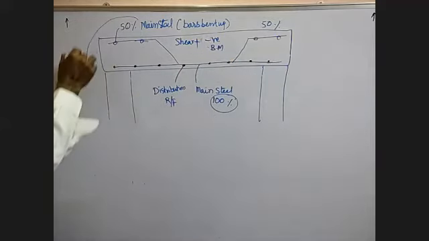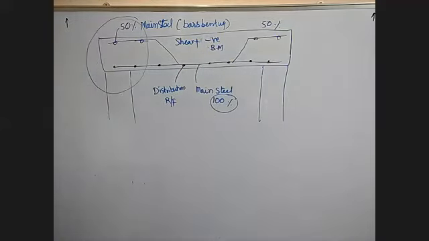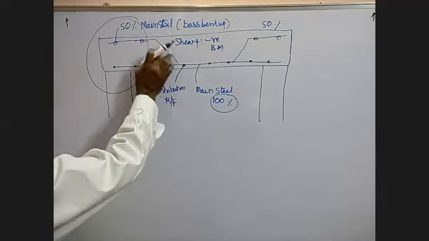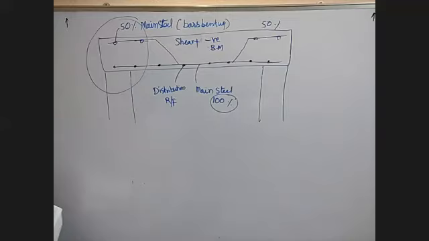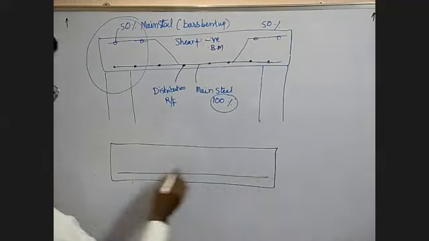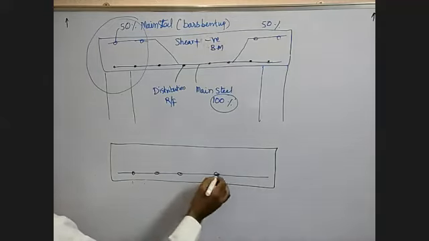At the support, this is subjected to negative bending moment. One method is to bend up the main bar you have and provide 50% steel here, like this. Or the other way, you can provide straight cut extra bars. Instead of bending up the bars like this, you can provide the straight bars here. You have distribution.